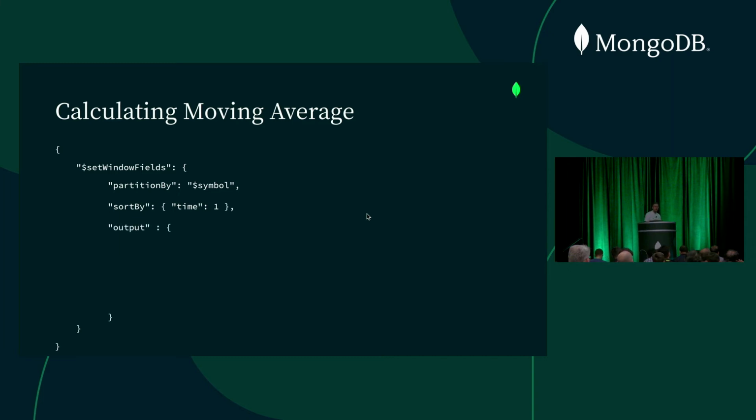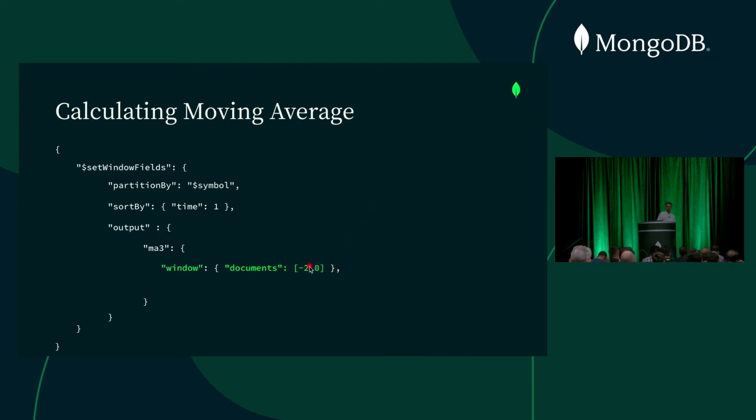And I need a field name, MA3, okay? And it needs to be calculated with 3 records, okay? So for every record in the input stream, these 3 records need to be considered.